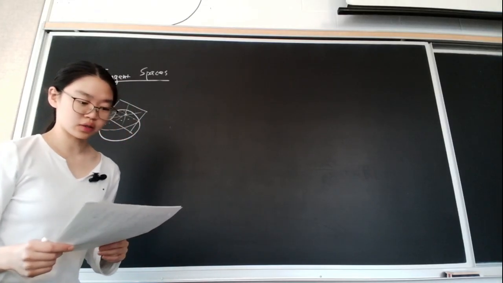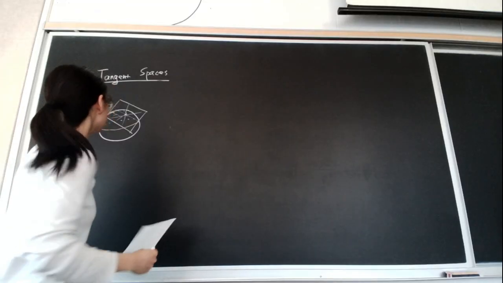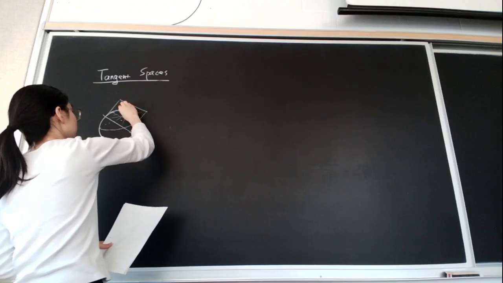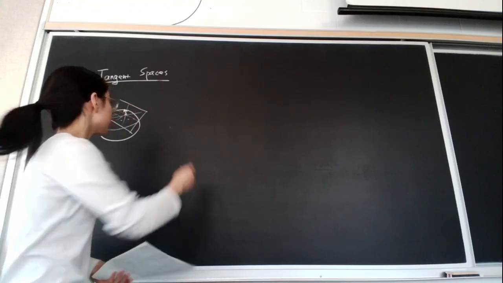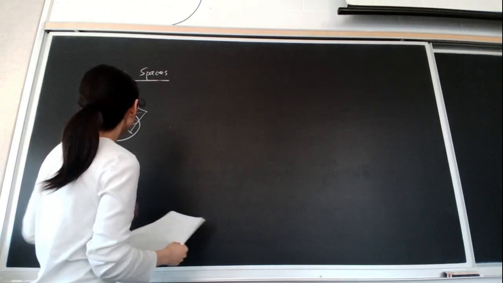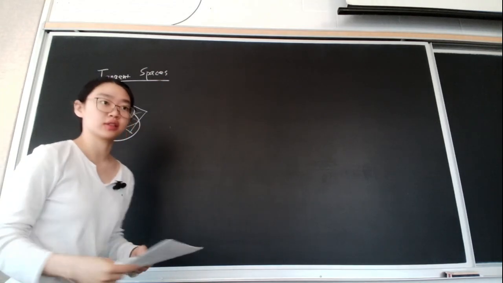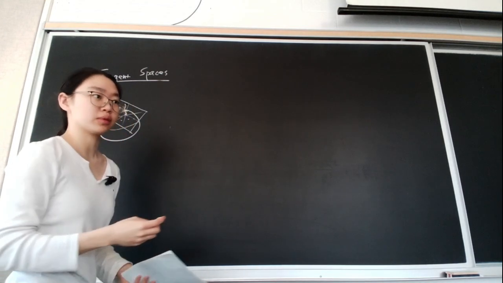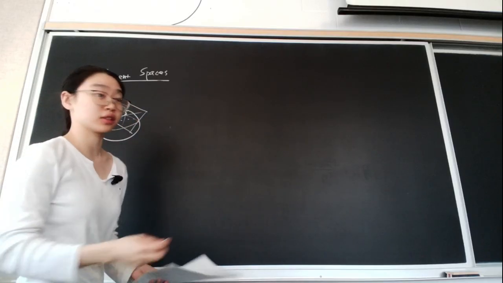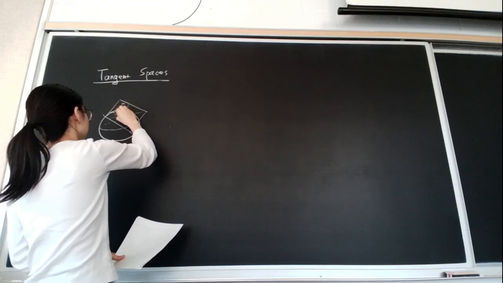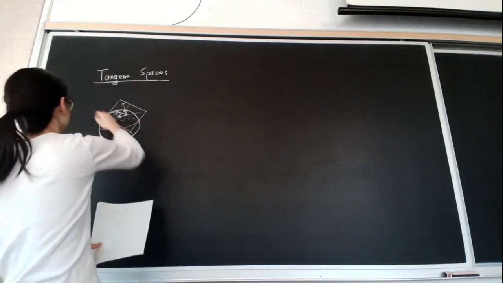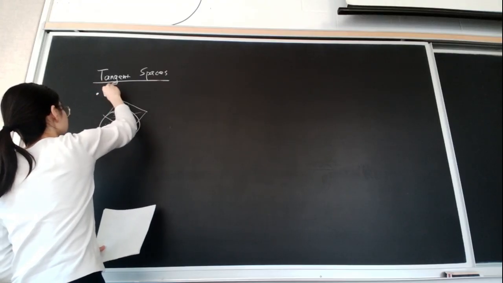And notice that we want it to be a vector space. So if this point is on the tangent space, if I scale it by some scalar, then it should also be on the tangent space. And I should also be able to add two things that are in a tangent space. So let's say I have another vector here. I should be able to add them and get another vector that's in a tangent space. So we want it to be a vector space.